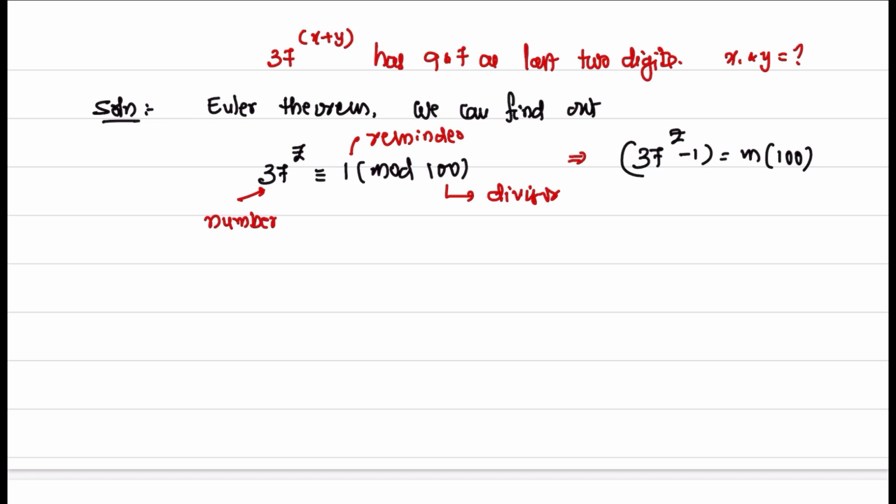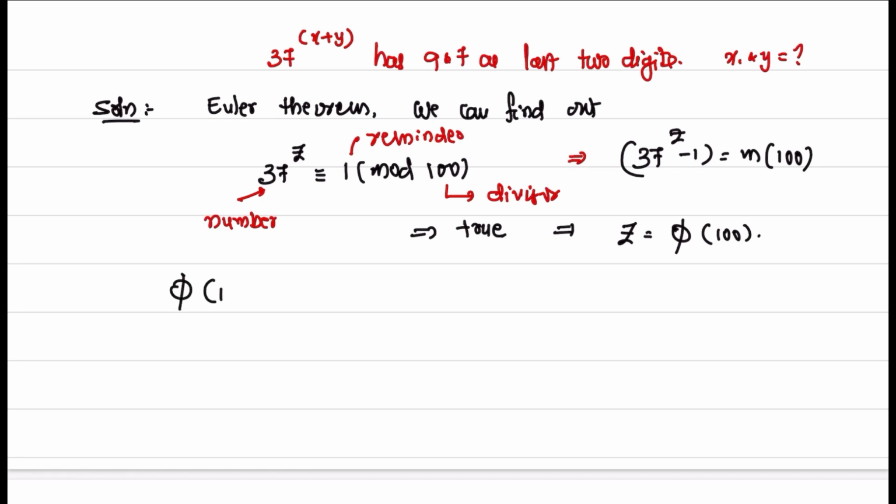If it happens, then what will be the value of z? If the above equation is true, that implies z is equal to phi of 100. This is the Euler theorem. How to find phi of 100?